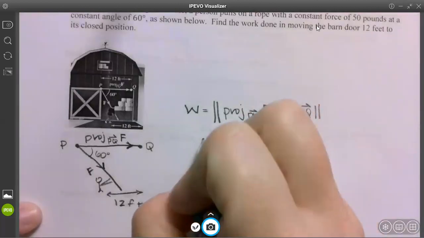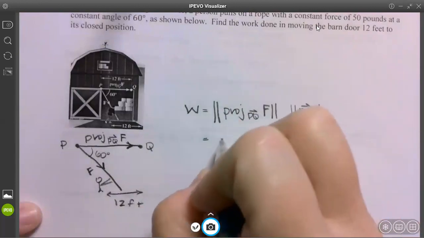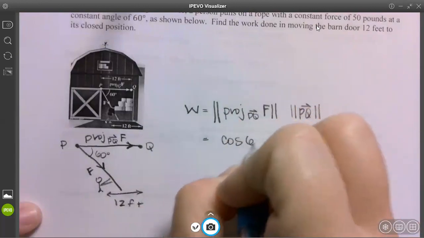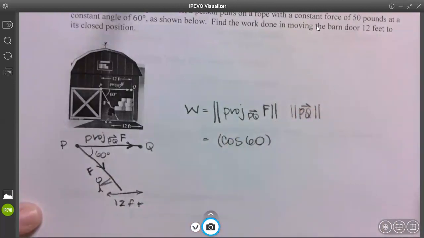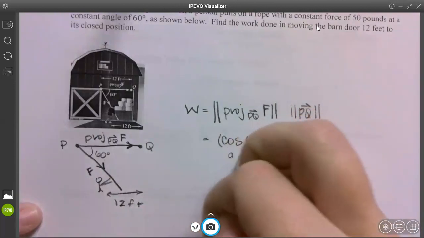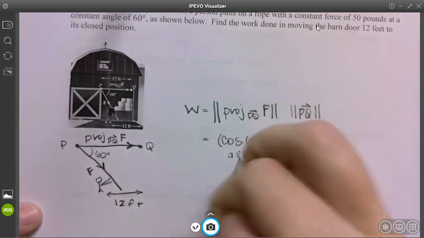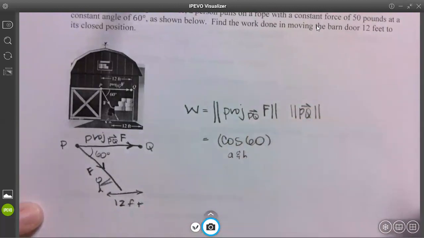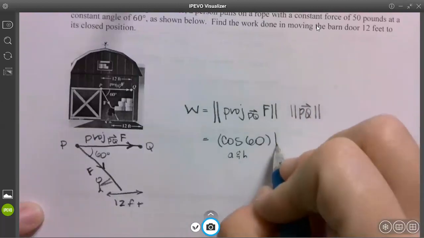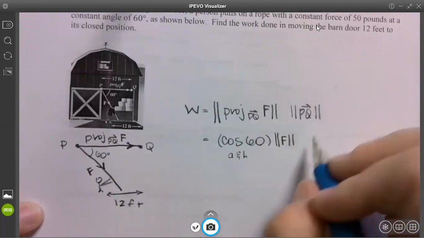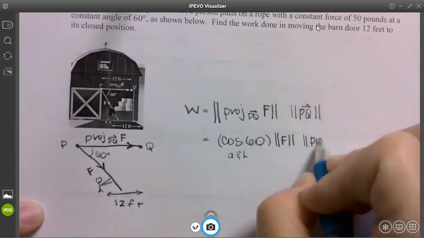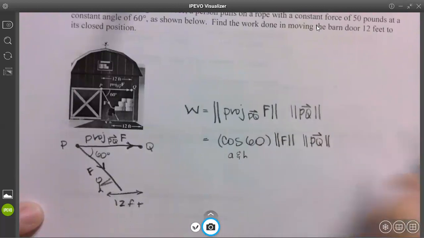So we have cosine 60. That's your degree. Why did we use cosine? Because we have the adjacent and the hypotenuse. We're going to multiply that by F. And PQ is magnitude.